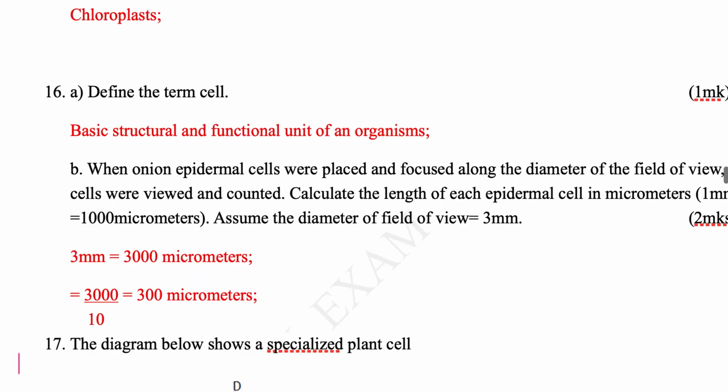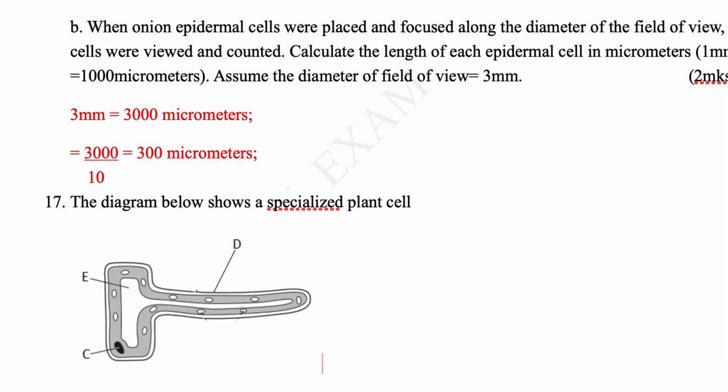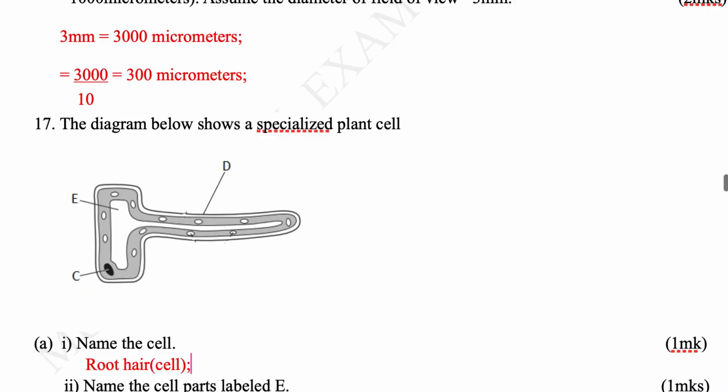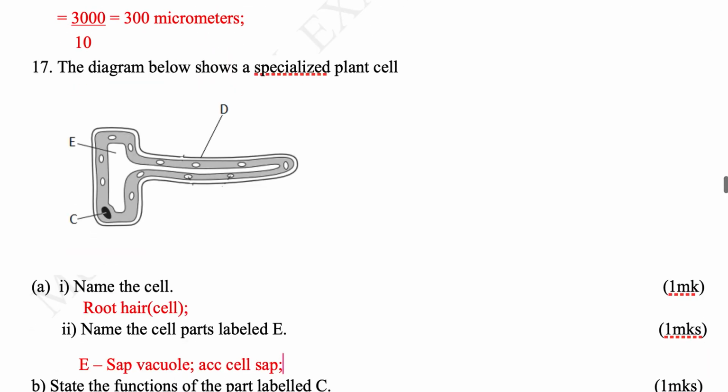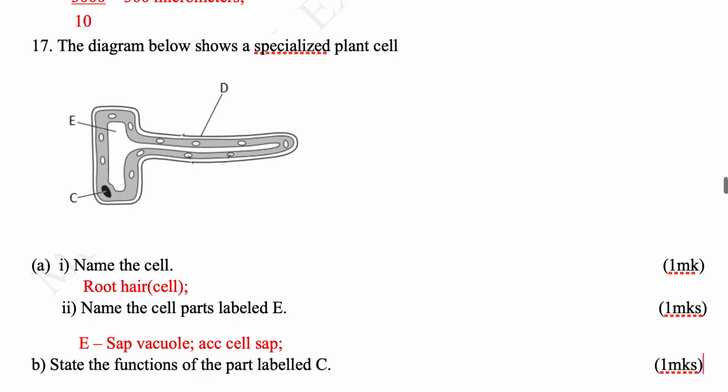Question 17. The diagram below shows specialized plant cell. Name the cell, it's a root hair. Name the cell parts labeled E, it's sap vacuole, or you can just say cell sap.